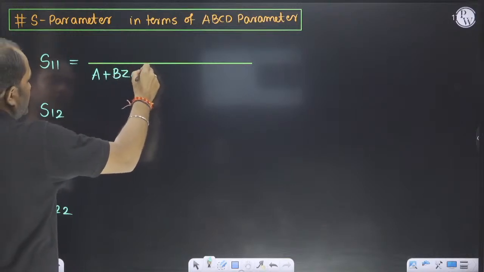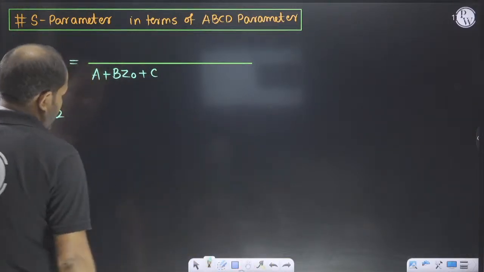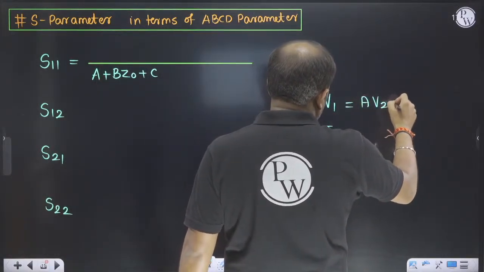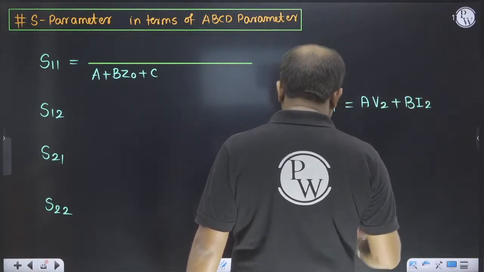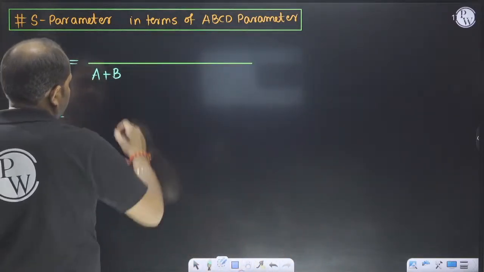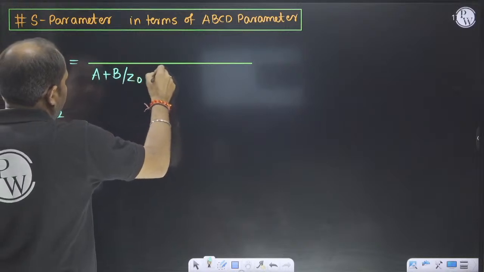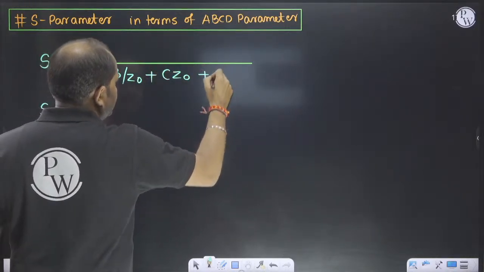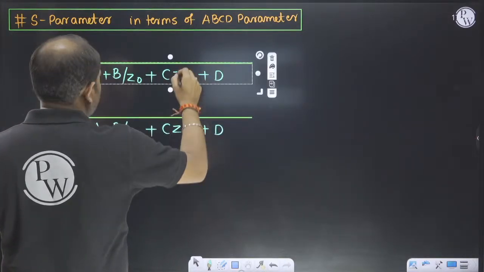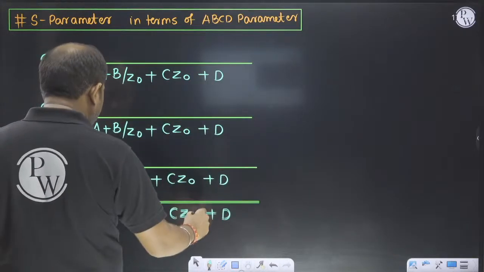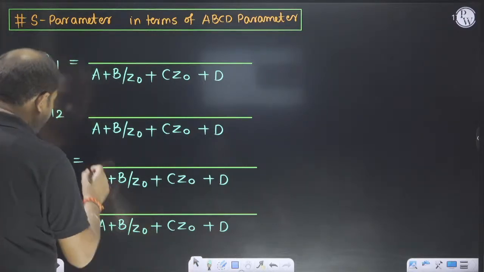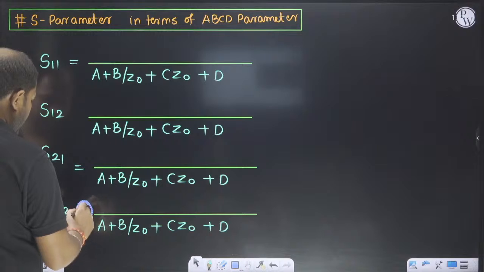A plus B by Z naught, that is impedance, plus C into Z naught plus D. The denominator will be the same for all four cases.